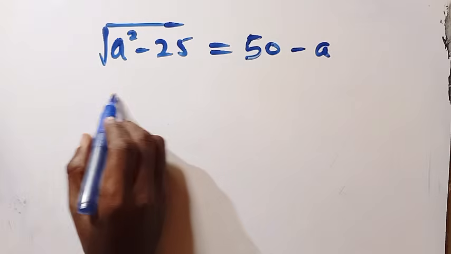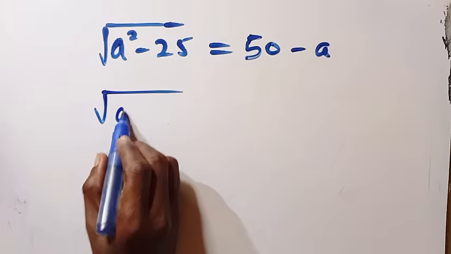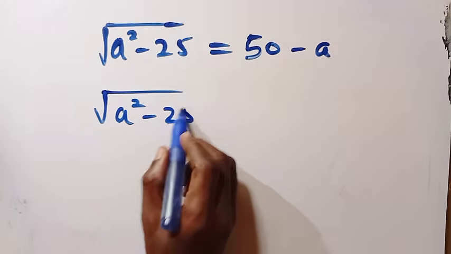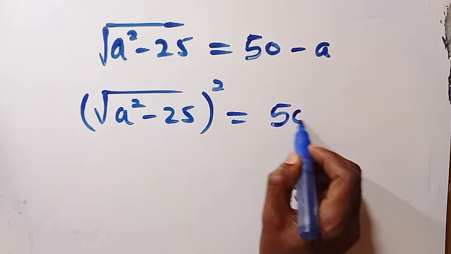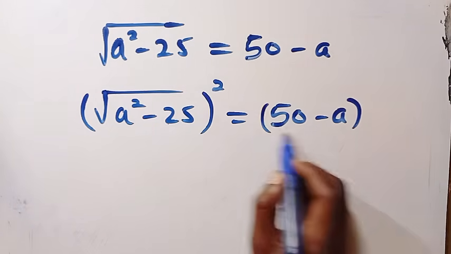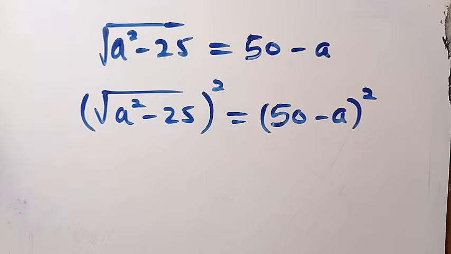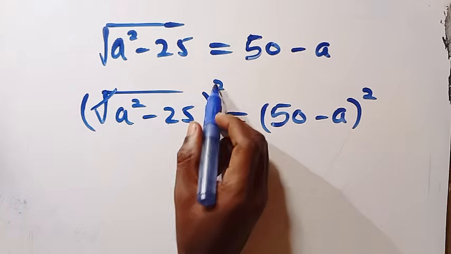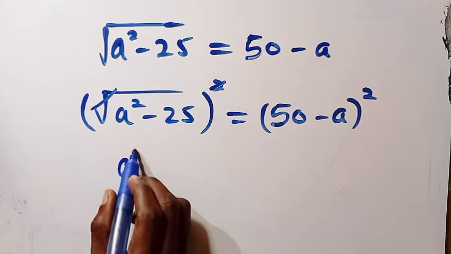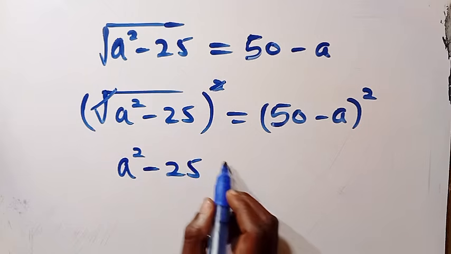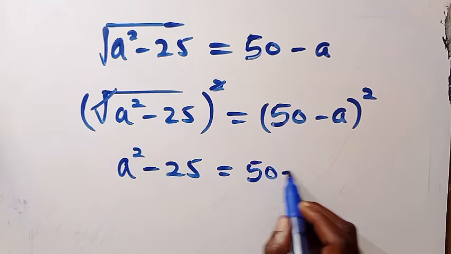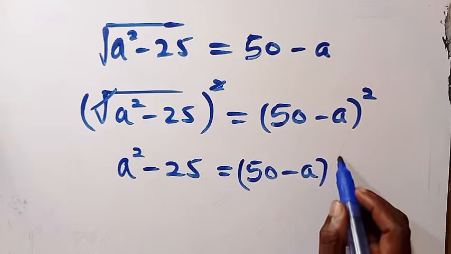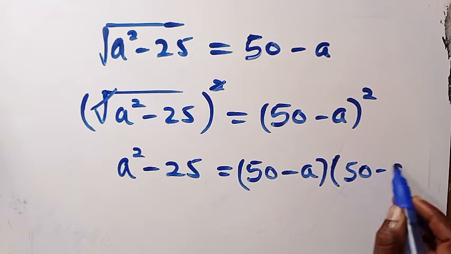By squaring both sides, we have the square root of a squared minus 25 all raised to the power of 2 equals 50 minus a all raised to the power of 2. So with square and square root cancelled, we have a squared minus 25 equals, we multiply this two times, that is 50 minus a multiplied by 50 minus a.